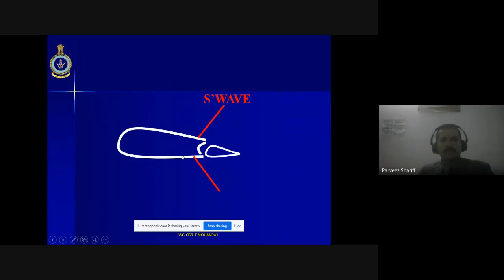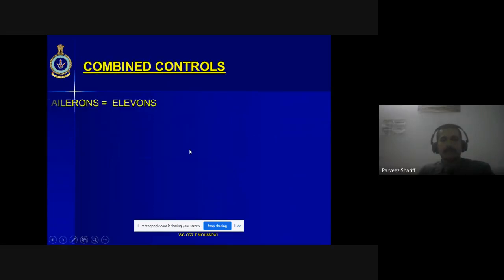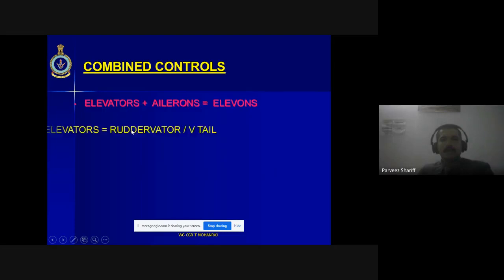So this is the S wave which is formed, and there are shock waves, and there is no effect of the movements of these elevators. So that is why these are combined. So elevators and ailerons are combined, and that is called elevons in a delta wing.